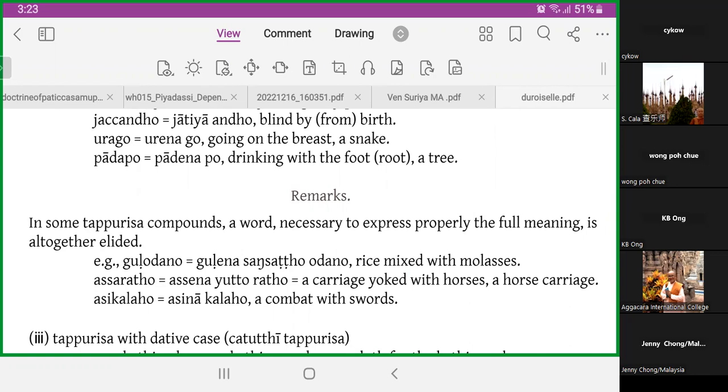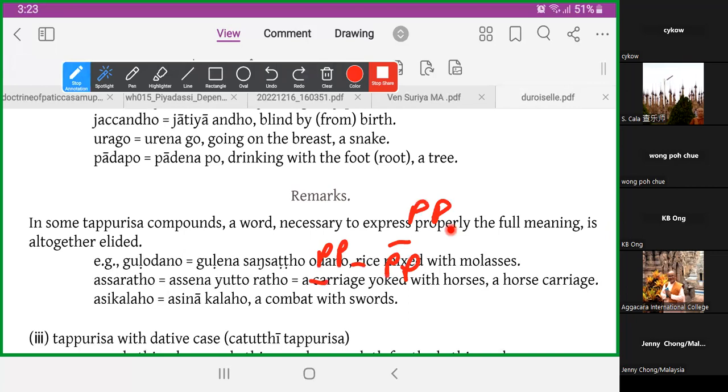All right. So this is the same as above. It's still on the Tappurisa, the instrumental case. So you can see gulena, mixed with molasses. Gula, it's like a Malay word, gula. Gula is a Malay word. So mixed with molasses.